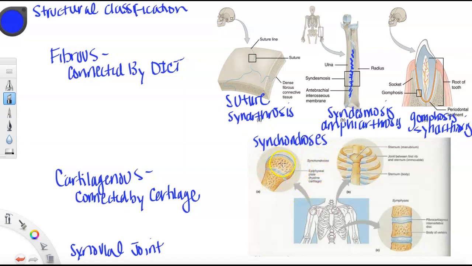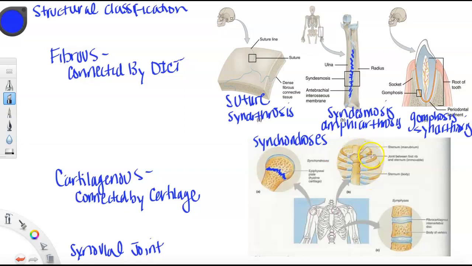And this thing here, this is a long bone in basically a child or adolescent, because you can see that the growth plate is still there. So in long bones, when the growth plate is still open, that is a synchondrosis. Once the growth plate closes, it's not a synchondrosis anymore because there's no more cartilage there.